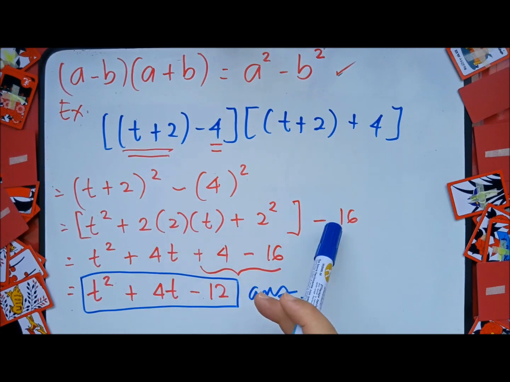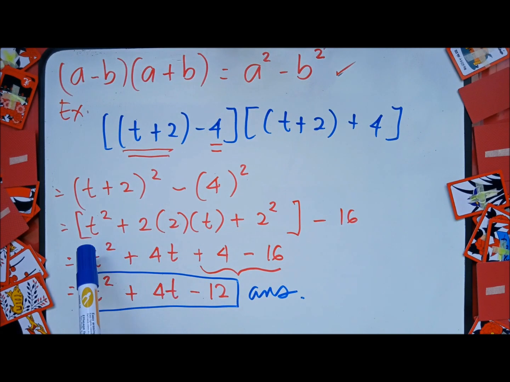Then simplify this, minus 16. Then t squared, 2 times 2 is 4t. Then 2 times 2 is 4. Remove the bracket. Then negative 16. Simplify these two constants, 4 and 16. Different signs, you have to subtract the absolute value, then copy the sign of the greater number. So this is your final answer. Okay, this is it.